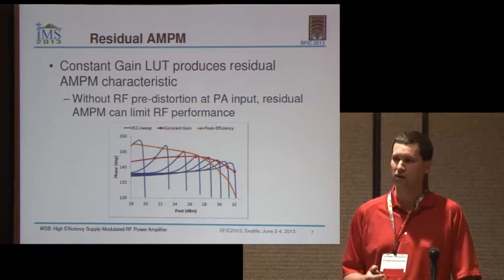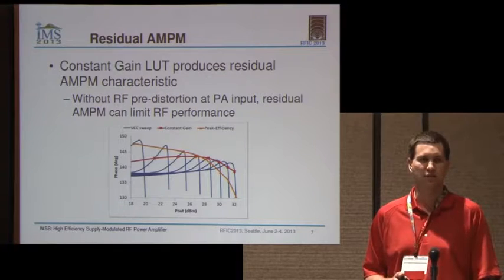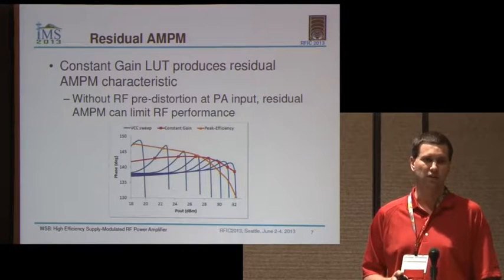Once again, if RF pre-distortion was applied at the input of the PA, this could be corrected, but our goal in the handset is to not require RF pre-distortion at the input of the PA. So on this particular PA, later in the presentation, we'll see some of the effects of this AM to PM and how it can degrade the signal.